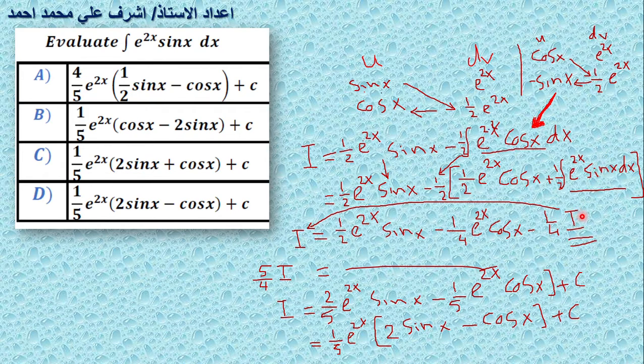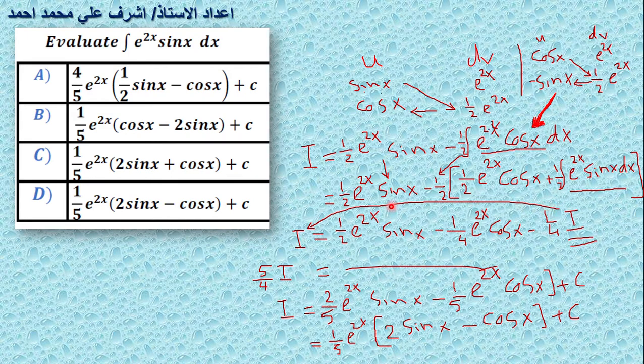I write I here and expand these brackets. Negative 1 over 2 times negative 1 over 2 is negative 1 over 4. And for this part, negative 1 over 2 times negative 1 over 2 is negative 1 over 4, I. So I'll put like terms on the same side.